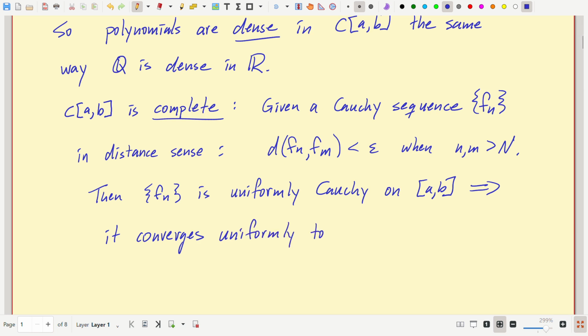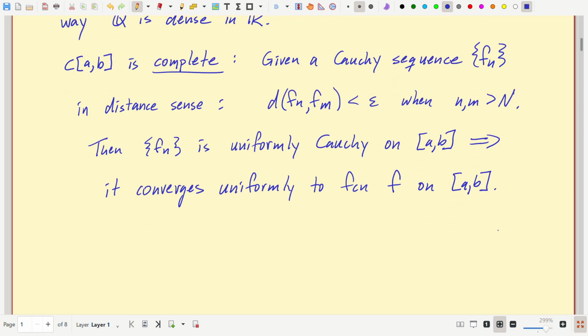to a function f on [a,b], and we know that uniform limits of continuous functions are continuous.